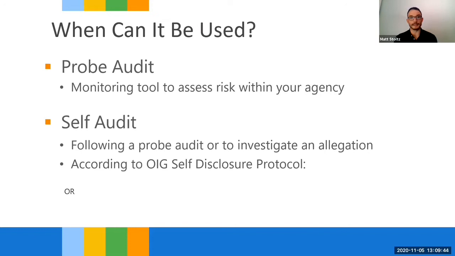It's also good as a provider in your own agency, practicing a strong compliance plan, to conduct your own probe audits or self audits to investigate an allegation, or for daily upkeep, checking in, making sure on a random basis that the work being done adheres to your provider's contract and all the details that you are all familiar with.